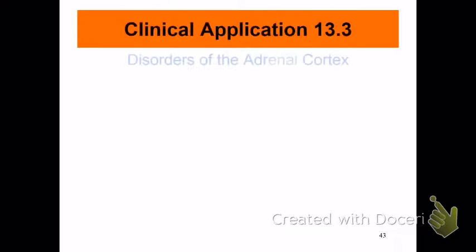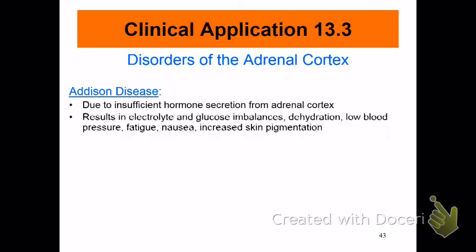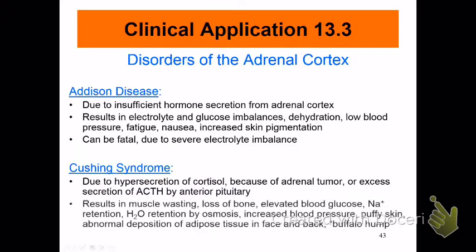Okay, so adrenal cortex. What happens if your adrenal cortex doesn't function right? There's two different things. The first one is Addison's disease. The second one is Cushing syndrome. Now, Addison's disease is where you don't make enough. So, electrolytes and glucose imbalance, dehydration can be fatal if not regulated. Cushing syndrome, that's going to be hyper above, right?